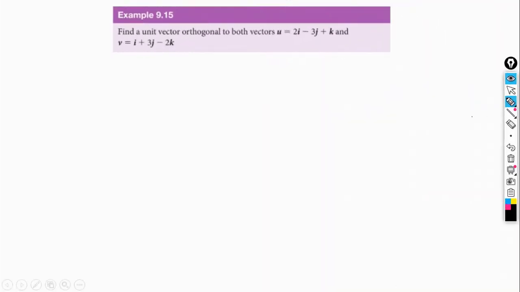So we continue with example 9.15, and it says find a unit vector orthogonal to both vectors u and v. Now, a vector that is orthogonal would be u times v, which we did before for these two vectors. And remember that from the previous example, it was 3i plus 5j plus 9k.